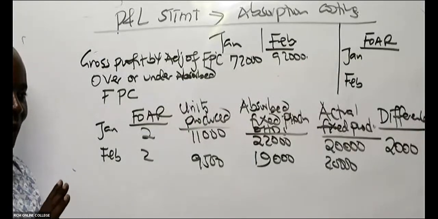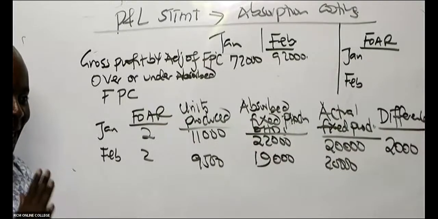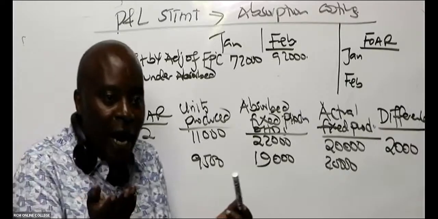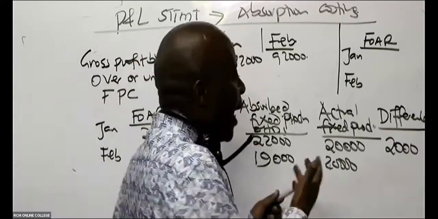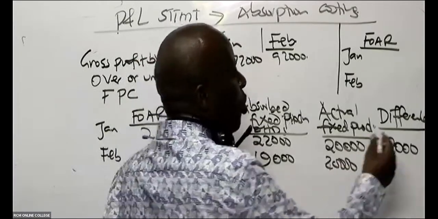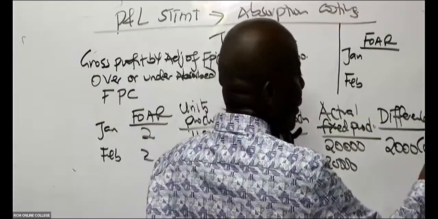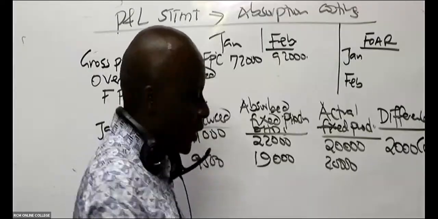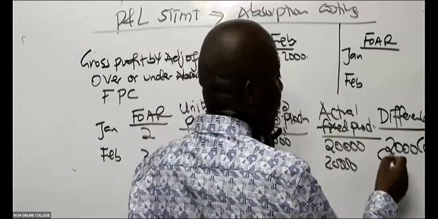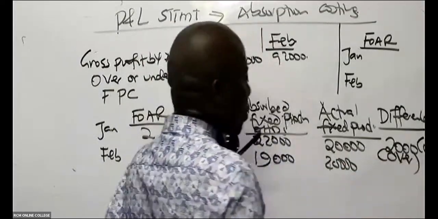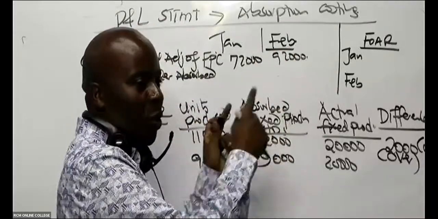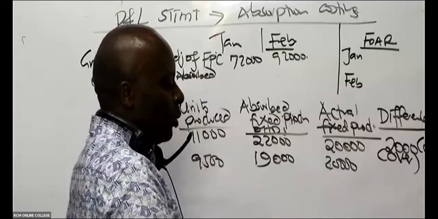I want you to tell me whether it's over or under absorbed. The absorbed was higher than the actual, so this is what we call over absorbed. Sorry for that, because I can see so many guys, even online, are giving me the opposite. For January it's over absorbed because the absorbed is more than the actual.